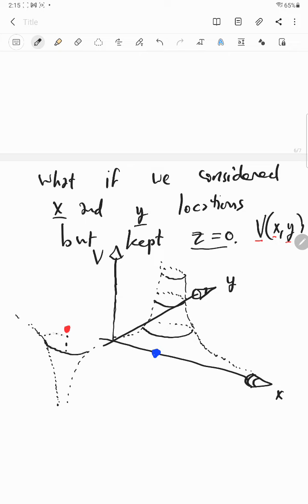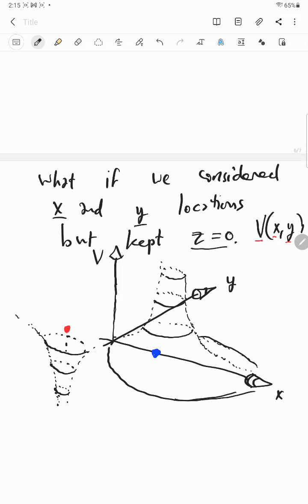You can, if you want, go figure out the shapes of these things, but I hope you can see. Actually, this goes out to infinity. So the 0 goes out to infinity and comes back kind of like this.